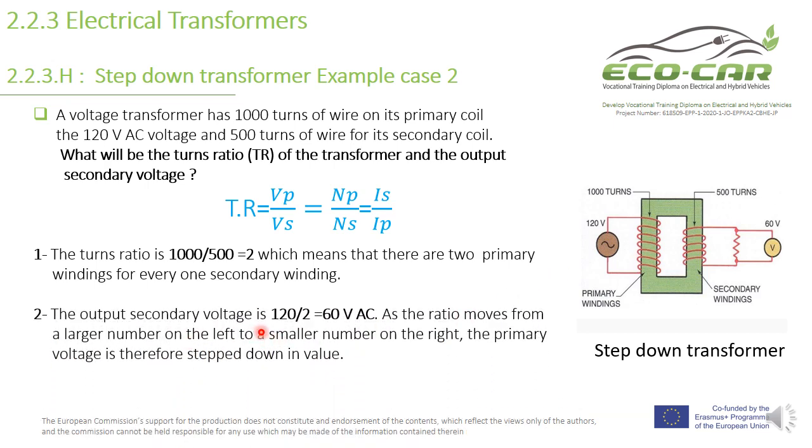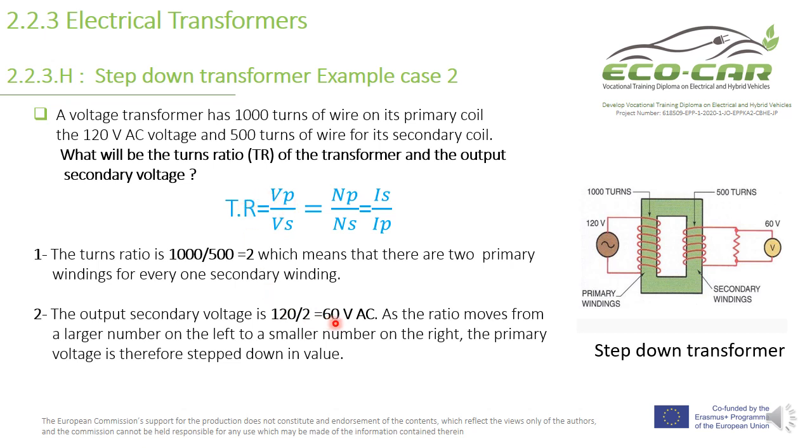The output secondary voltage is 120 divided by 2 equals 60 volts. See here, turns ratio equals NP over NS, equals VP over VS. So this is 120, this is 2, so VS equals 120 divided by 2.